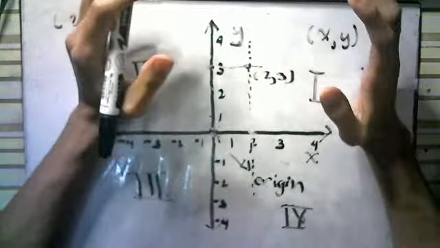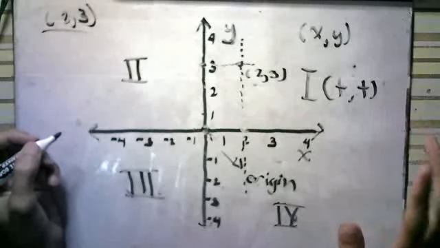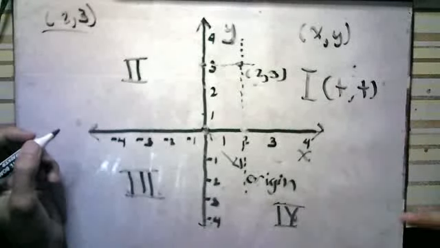Only in the first quadrant will you see that both the x and y values are positive, for example 2 and 2, or 2 and 3. So the ordered pair you will see in the first quadrant is positive, positive. That is the only ordered pair you will find in the first quadrant.